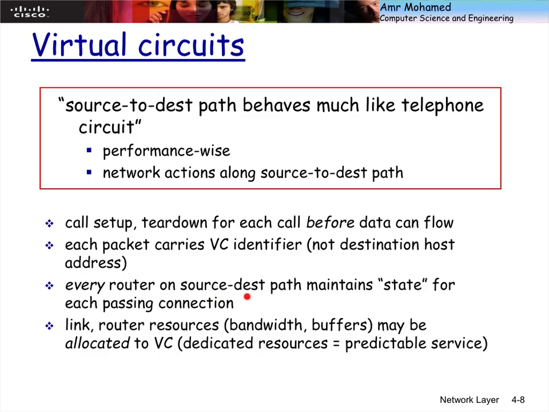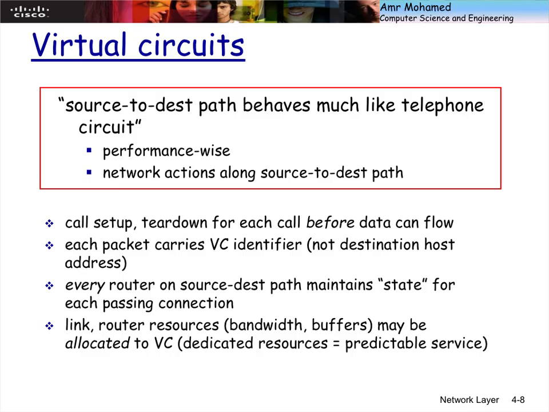Every router on the source destination path maintains a state. This state is very important. In datagram, I don't have to do that. But here, why do I have to maintain the virtual circuits? To provide a special behavior for each of these circuits. So here, the state contains what?